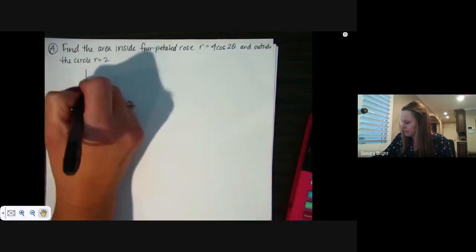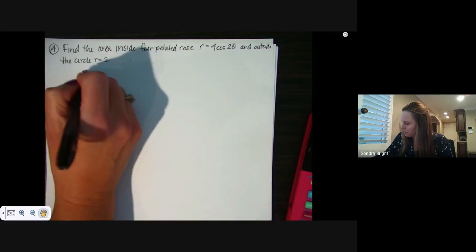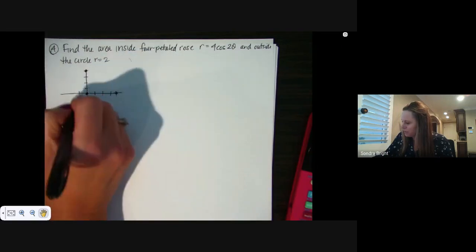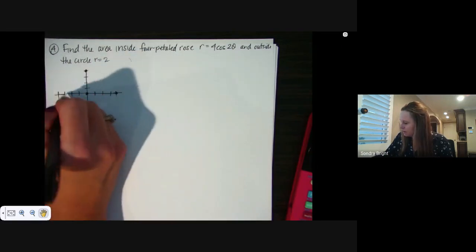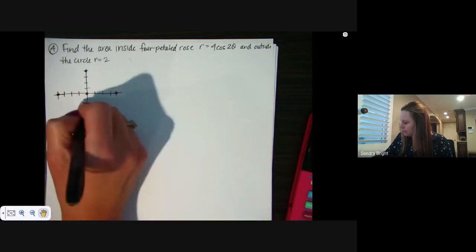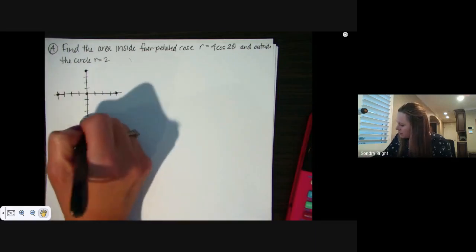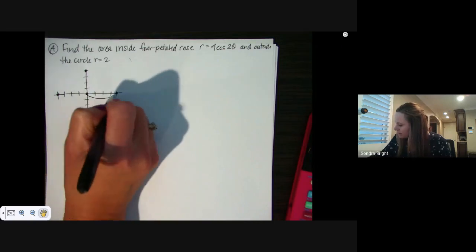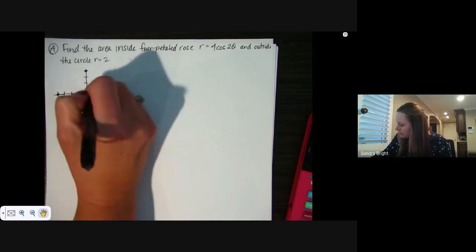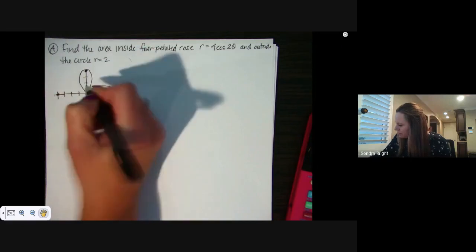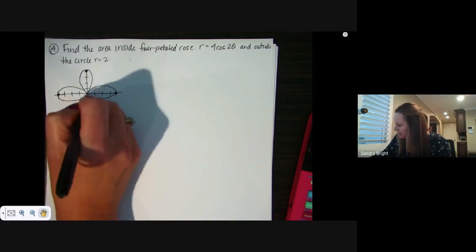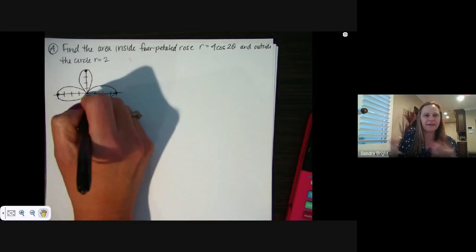So they'll be there, and 1, 2, 3, 4 there, and 1, 2, 3, 4 there. And so my petals, I can do them nicely, look like, not too shabby, something like that.